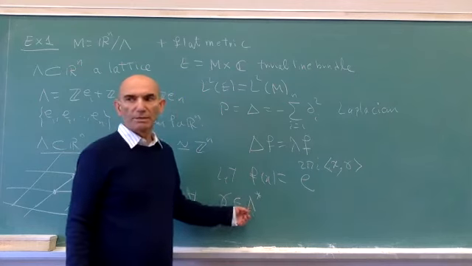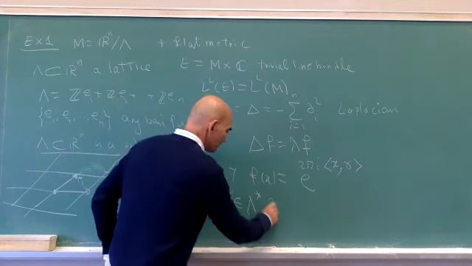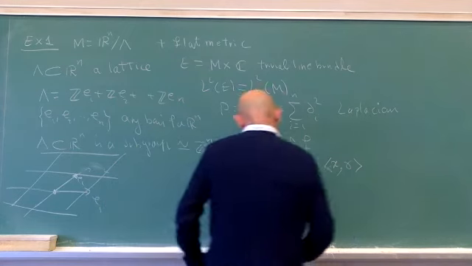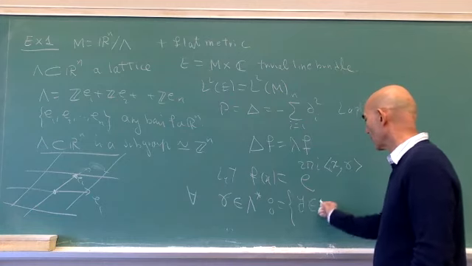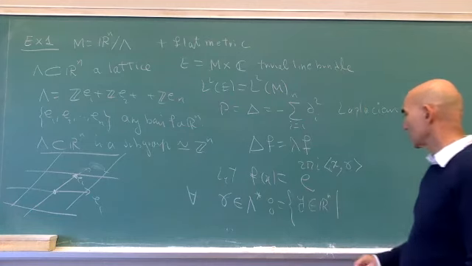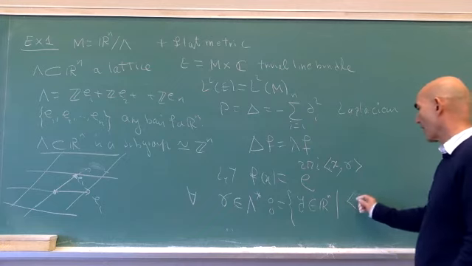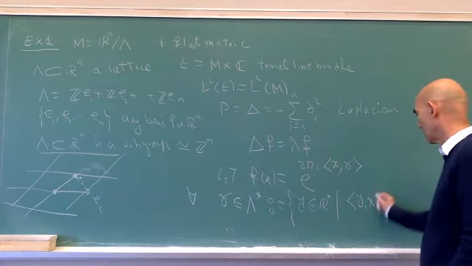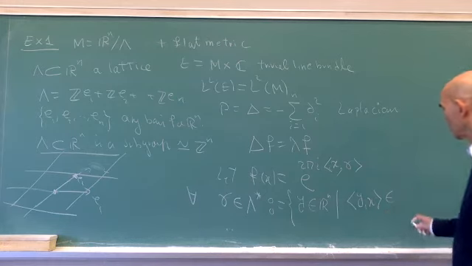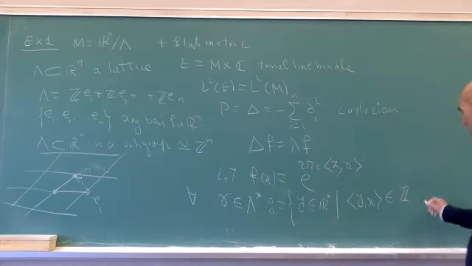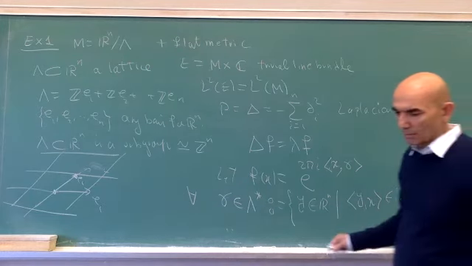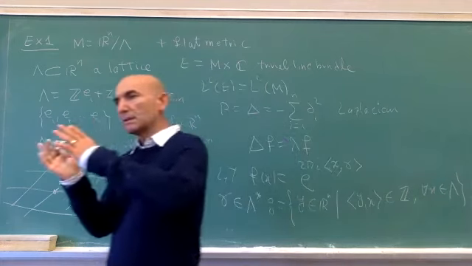So what is this dual lattice? The dual lattice I define to be the set of all y belonging to R^n such that the inner product of y and x belongs to Z for any x in your lattice lambda.